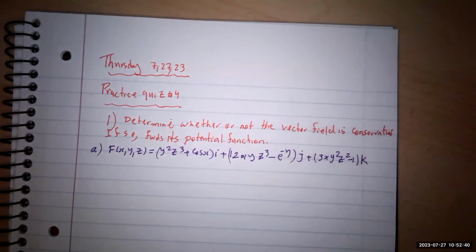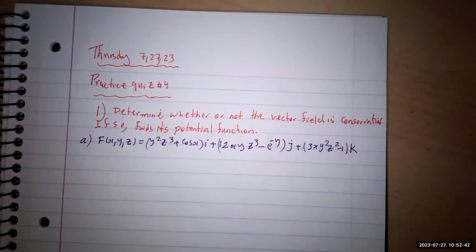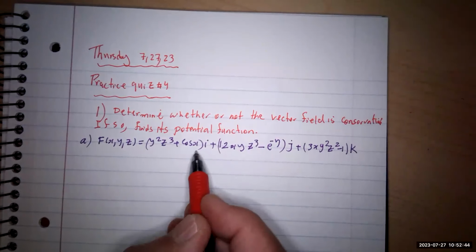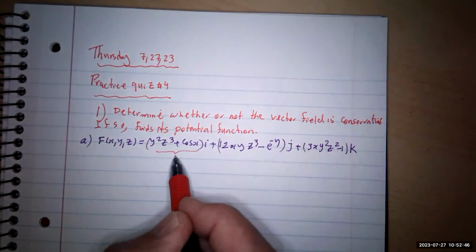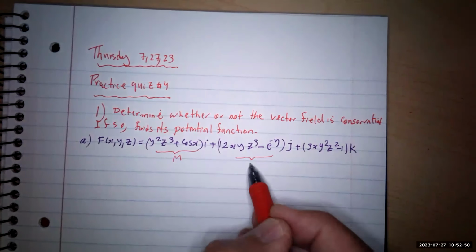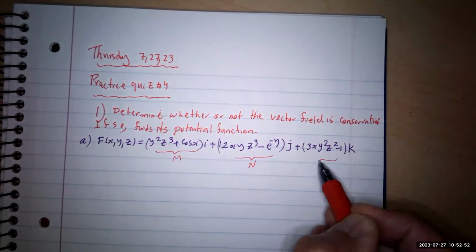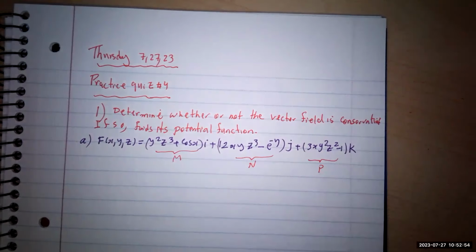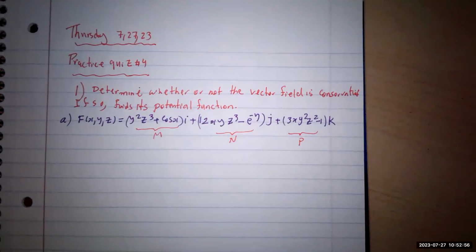Quickly we can test to see if this is a potential. It's very easy to test. Remember the component functions, we call them M, N, and P. To see if it's a potential function, you compare them together.